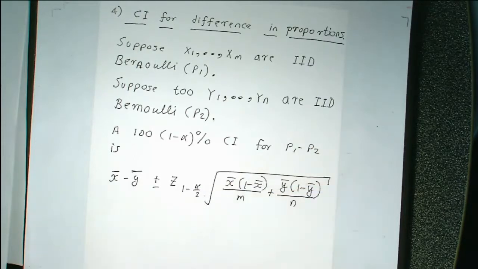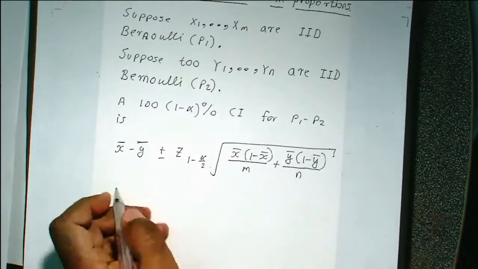So this is the confidence interval for P1 minus P2, the difference in the two proportions. In the example I gave you, it could be the difference in the proportion of smokers between the two cities.